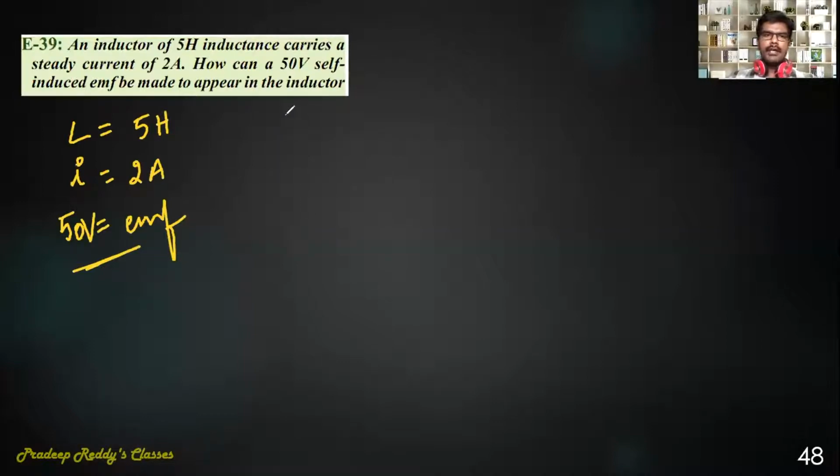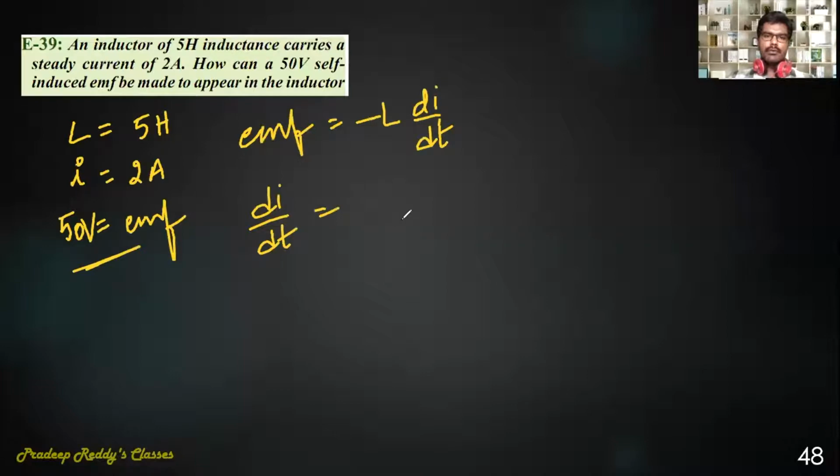We have equation for self induction. EMF induced due to self induction is minus L into di by dt, right? So di by dt is equal to E divided by L. So rate of current change, if you are changing current with respect to time, then it will be inducing EMF.